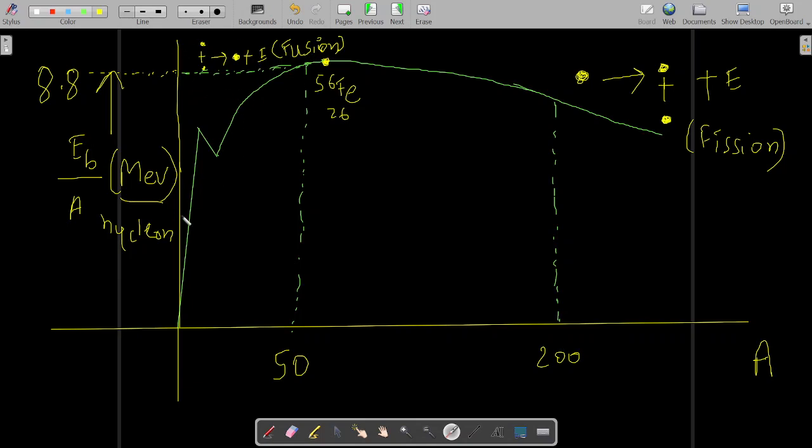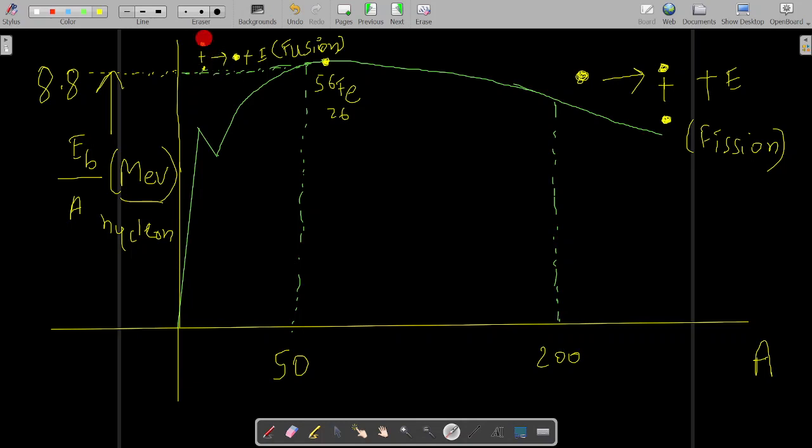So these lighter nuclei have a very low value of binding energy per nucleon. The nuclei in this particular region, in order to attain stability, undergo fusion.